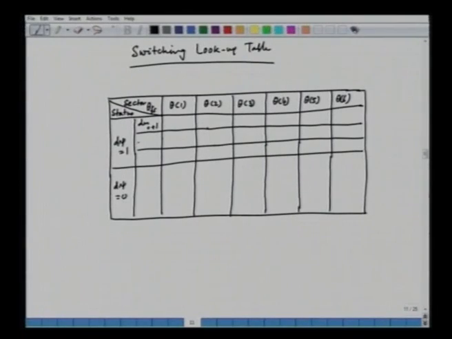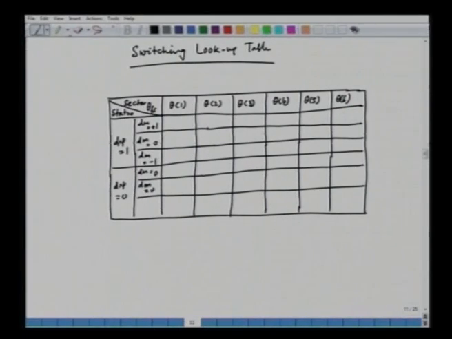So dm is equal to +1, dm equal to 0, and dm equal to -1. Similarly, here also we can have 3 different torque status: dm equal to +1, dm equal to 0, and dm equal to -1.